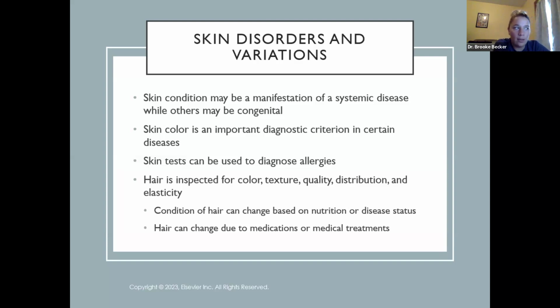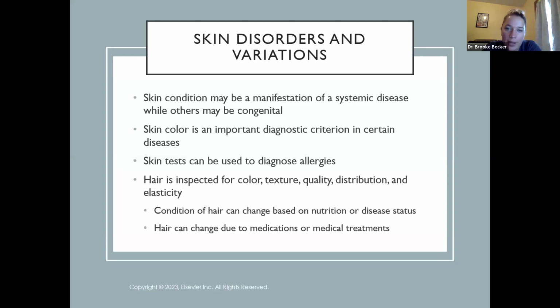Hair color. Hair is obviously a part of the skin system, the integumentary system as well. Based on that kiddo's nutritional status, their hair may be brittle. They may have really nice non-brittle hair. It may grow. Their hair may be falling out.